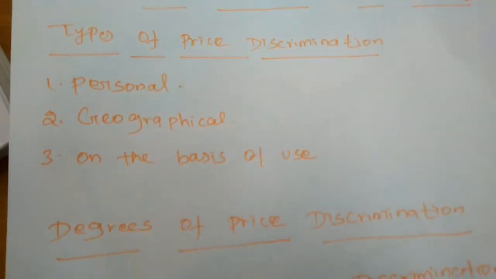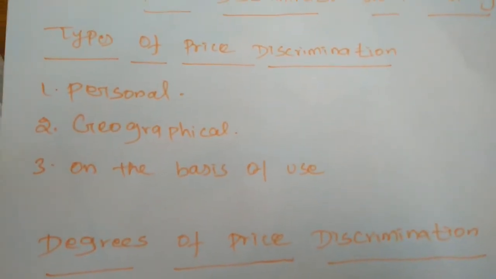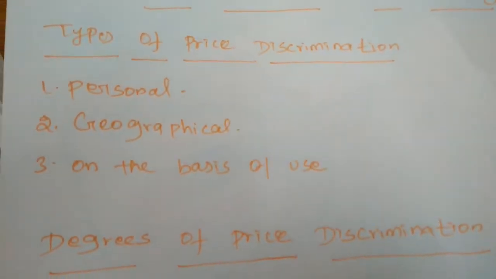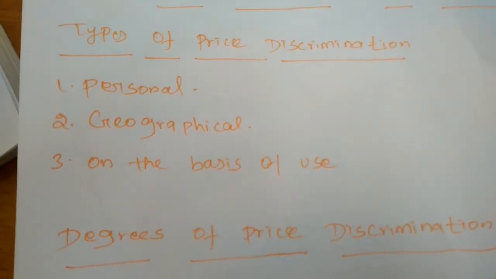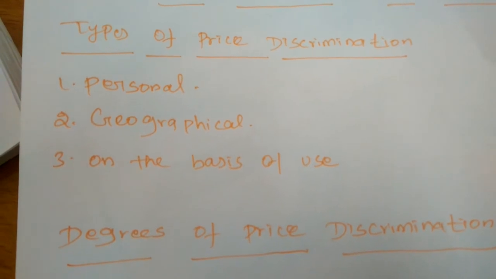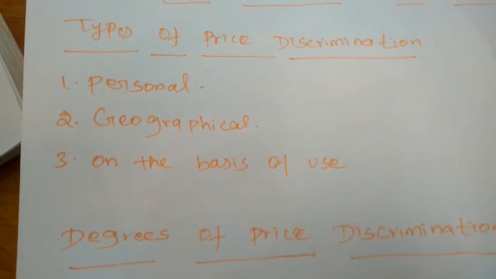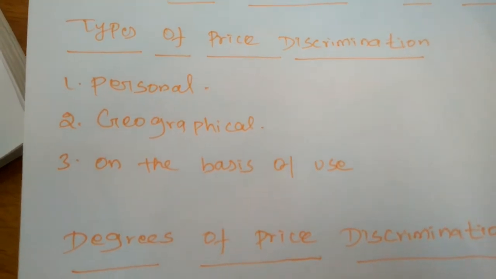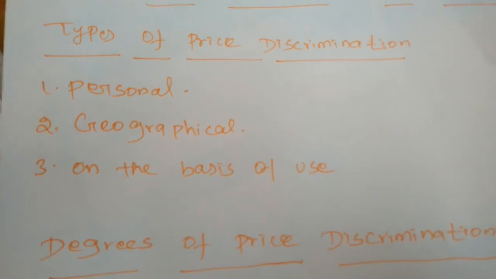Next, on the basis of usage. On the basis of usage, the price will be discriminated. Different prices are charged according to the use of the product. For example, lower rates are charged by the Tamil Nadu Electricity Board for domestic users of electricity, and higher rates are charged for commercial and industrial users.